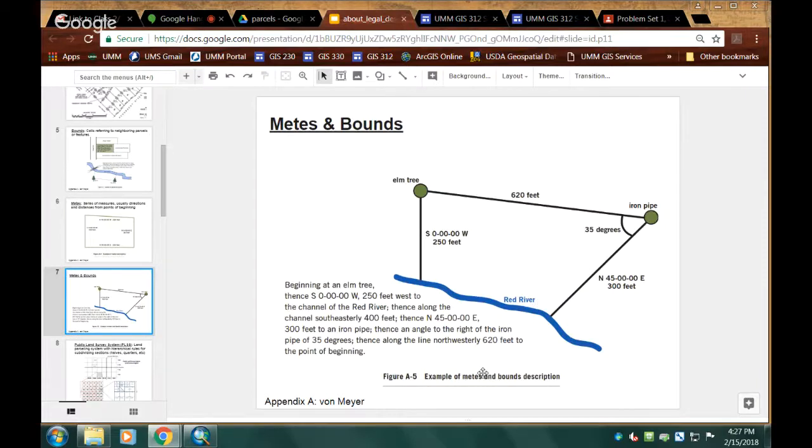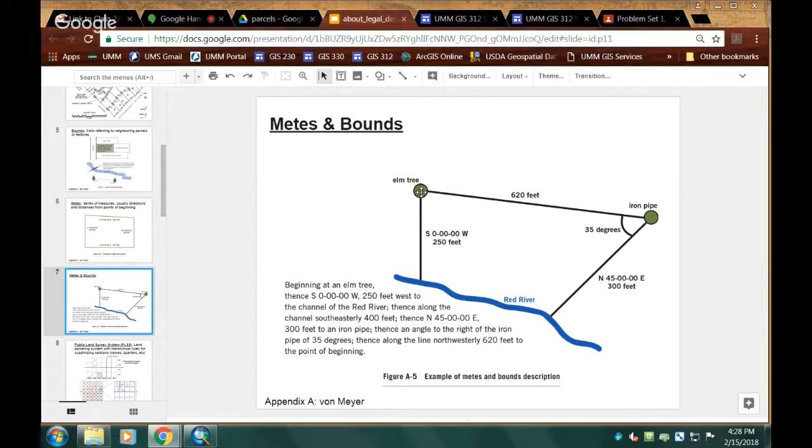So this is how it looks in an actual deed. So this is how it's described in words in a deed. And so you can see beginning at an elm tree. So here's the elm tree, and it's an unfortunate choice of landmark.